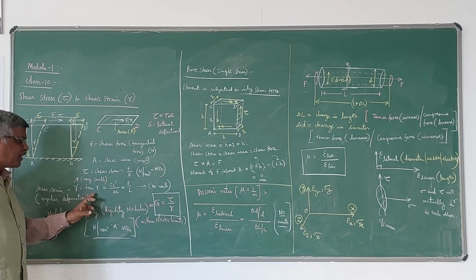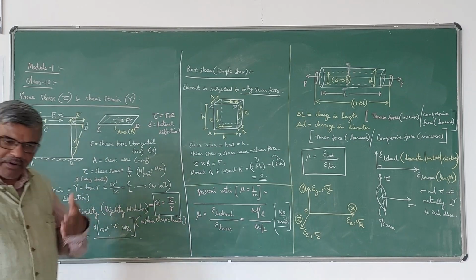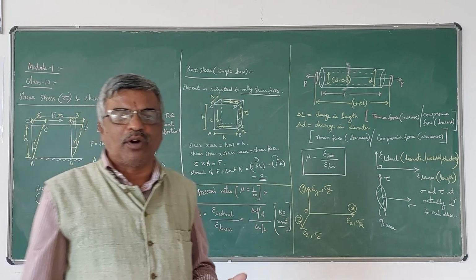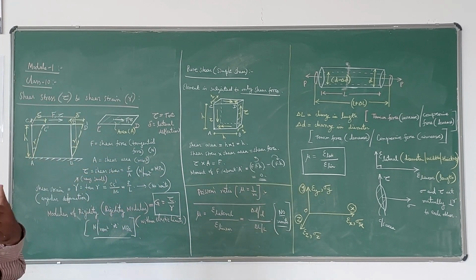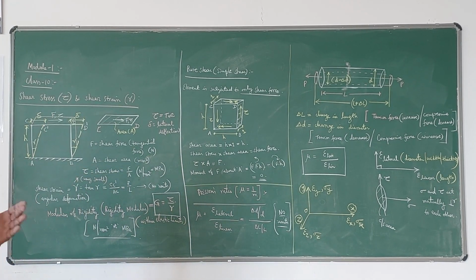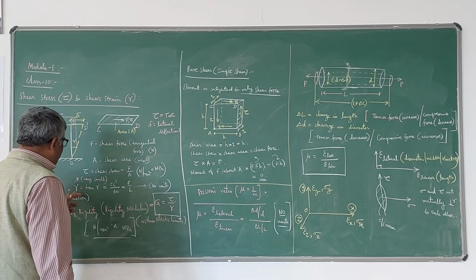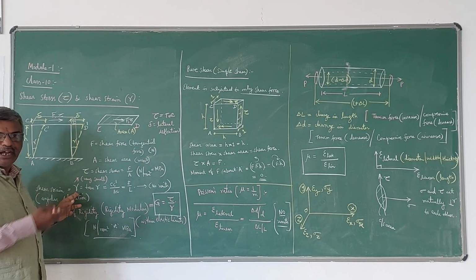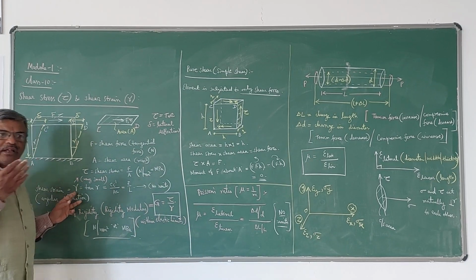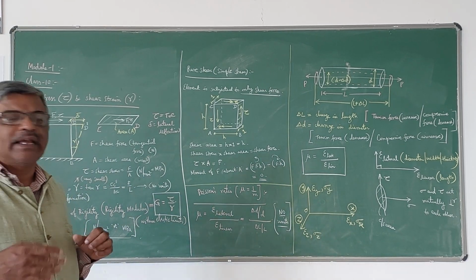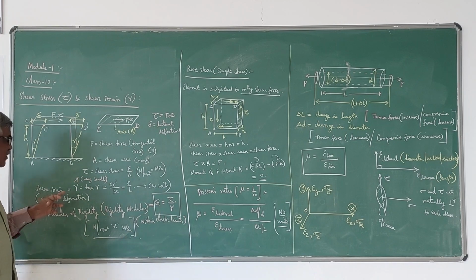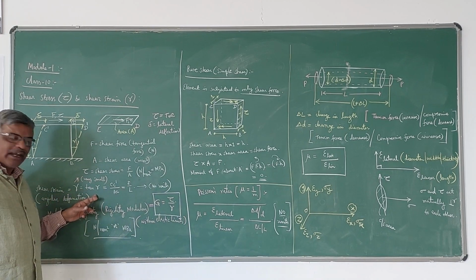In trigonometry, you know that if theta is very small, sin theta is equal to theta, tan theta is equal to theta, and cos theta is 1, where theta is in radians. Similarly here, 1 degree is nothing but 1 divided by 180 radians, a very small value. So in that case, gamma can be written as tan gamma.